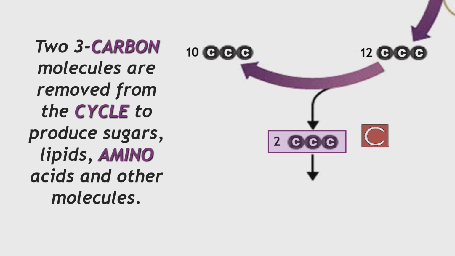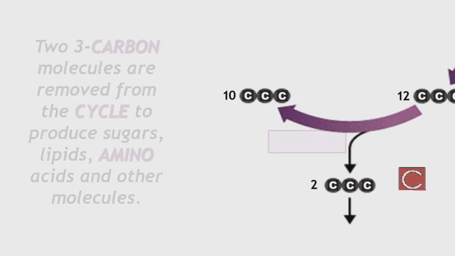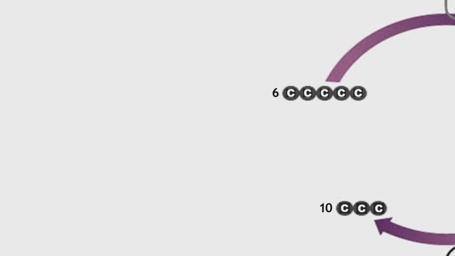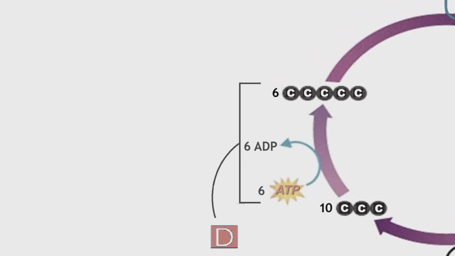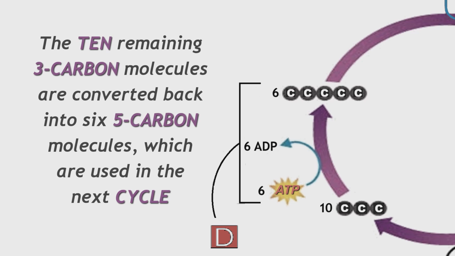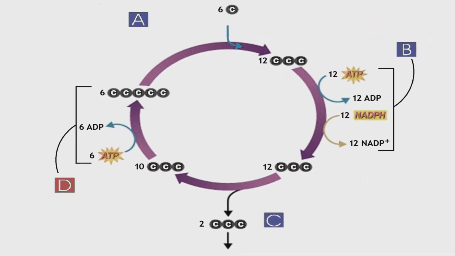Now, 2 of the 3-carbon molecules will be removed from the cycle to produce things. Different cells will produce different things. But whether it's sugars, lipids, or amino acids, or other molecules, the point is that you get a profit. The 10 remaining 3-carbon molecules are converted back into 6 5-carbon molecules, which are used in the next cycle.